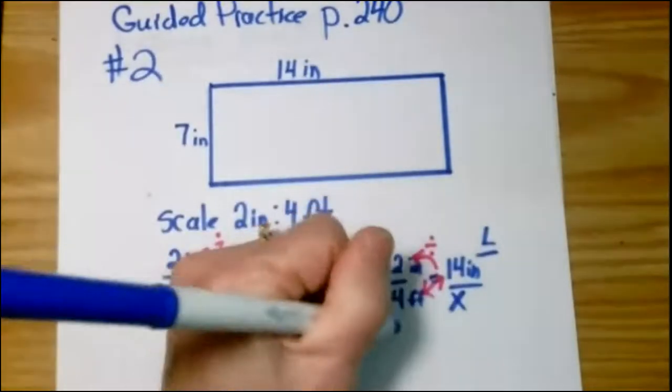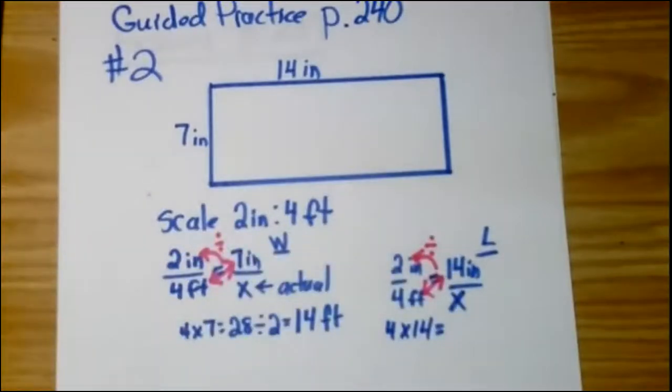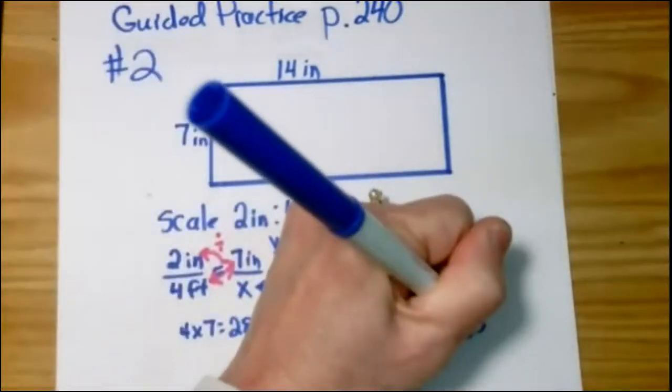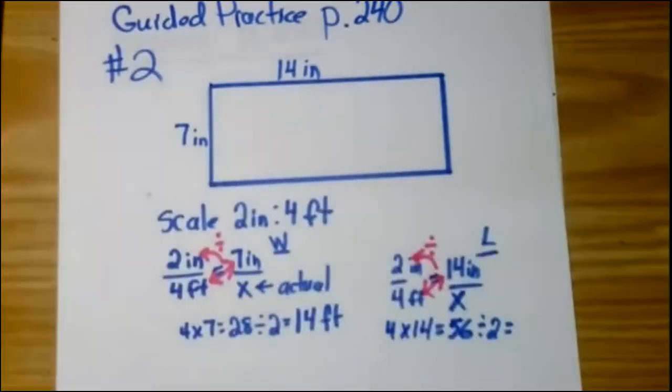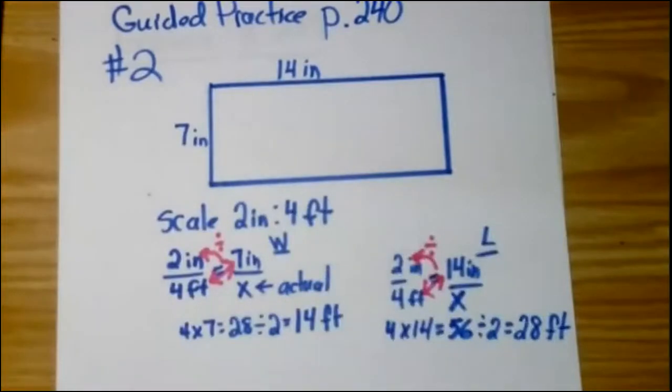So we do 4 times 14, 56, and we divide by the 2. 56 divided by 2, all you math people out there, yep, 28. 28 feet. Okay, now we have the length and the width.